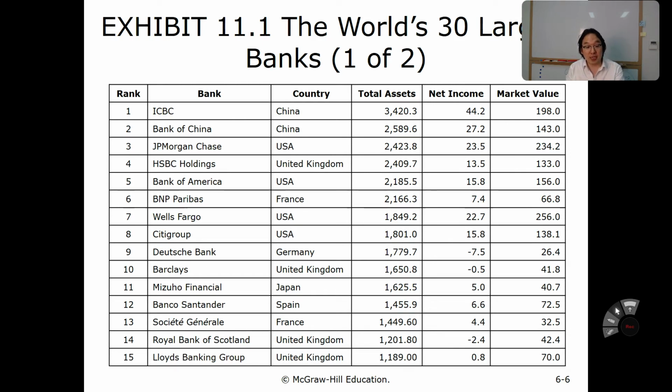And then HSBC Holdings, that's a UK bank, right? And Bank of America comes next. And then BNP Paribas, that's the French one. And then Wells Fargo. Have you learned about this Wells Fargo before? It largely started from where? Some in San Francisco, Minnesota, and San Francisco is California, right?